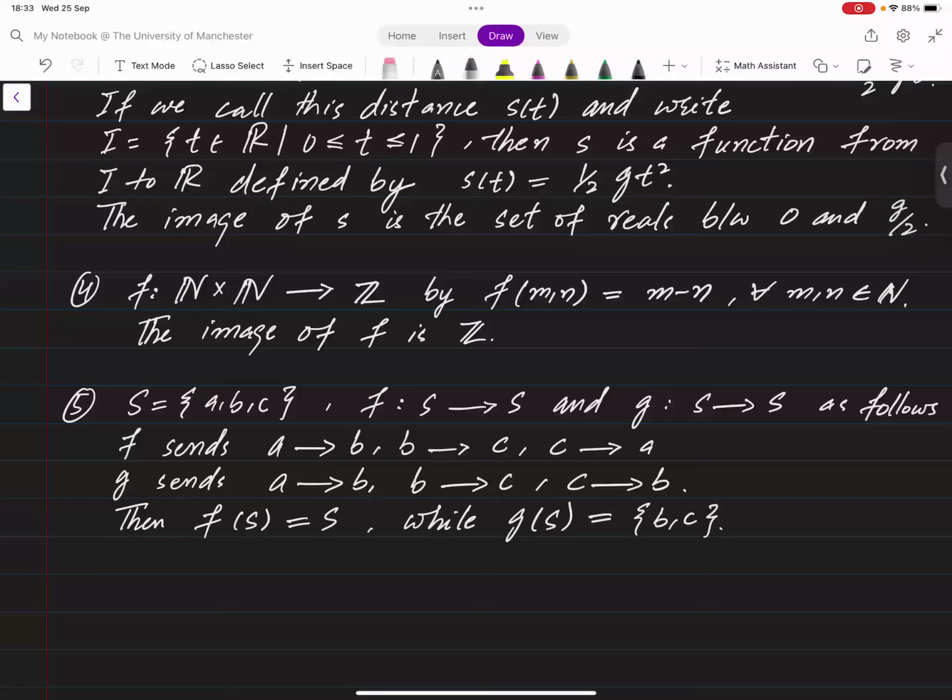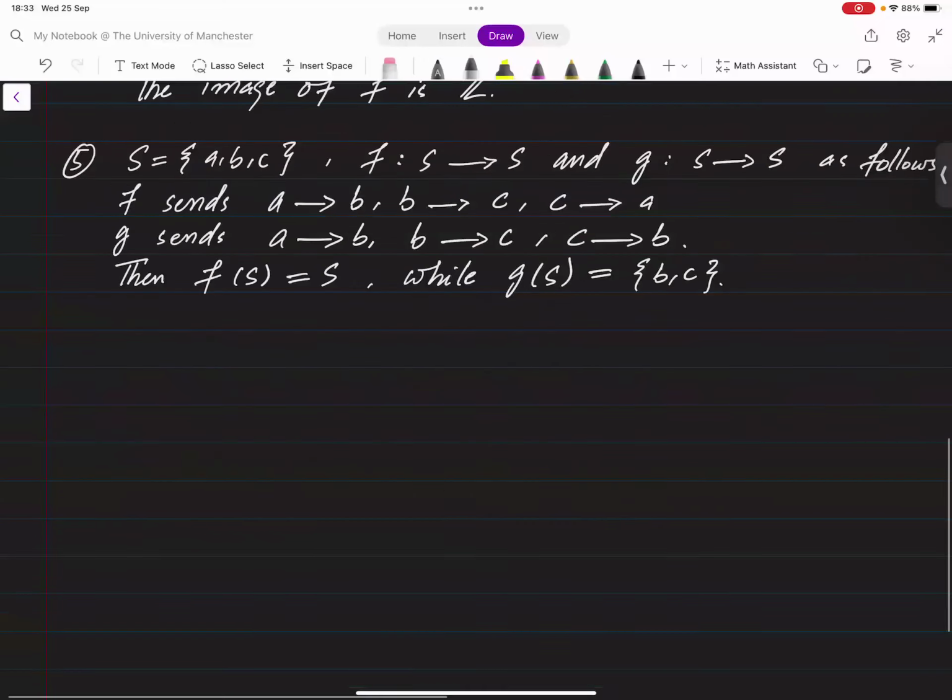Okay. In the same context, let's give another example and let's talk about something important. Let S be any set.